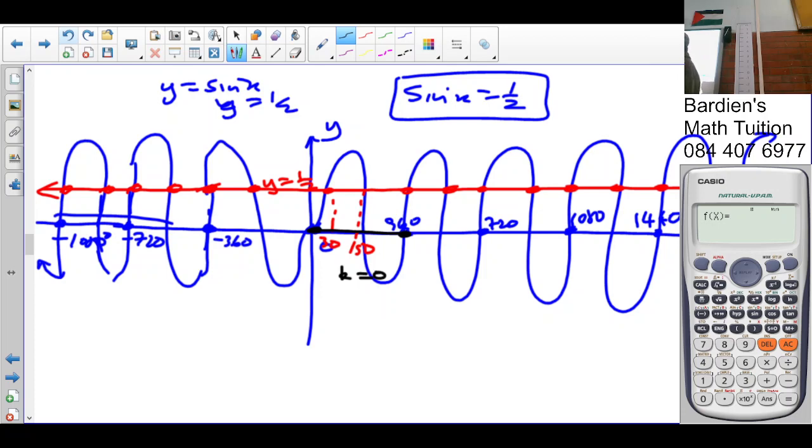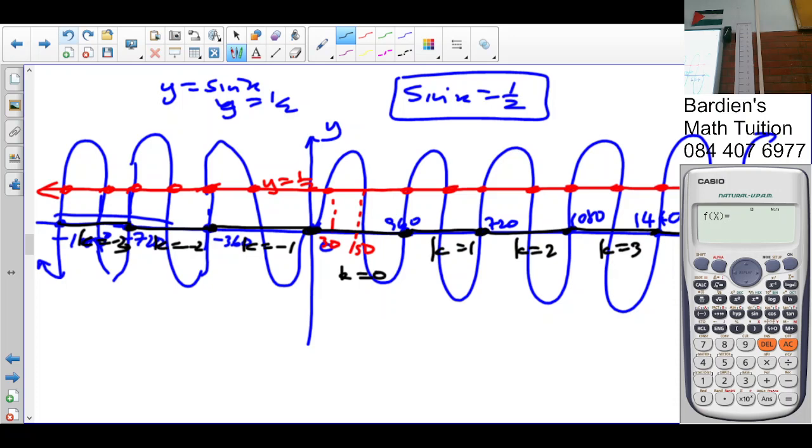Let's call this cycle 1, so k is equal to 1. This is k equal to 2. That is k equal to 3, cycle 4, and so on. Going in the negative direction, this is cycle negative 1, k negative 2, and so on. Negative 3. I'd rather not call it a cycle, just k.